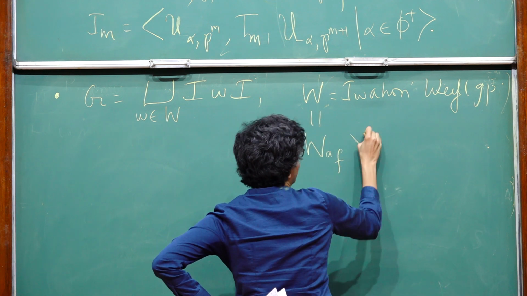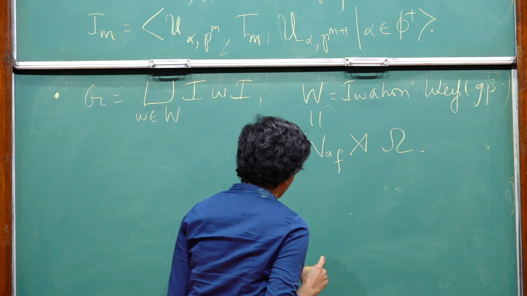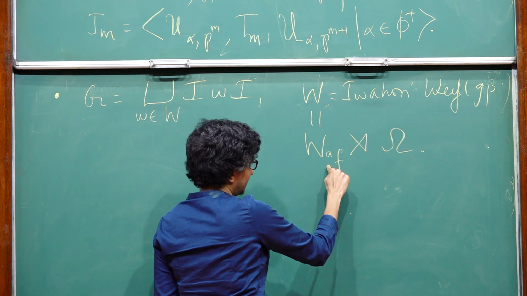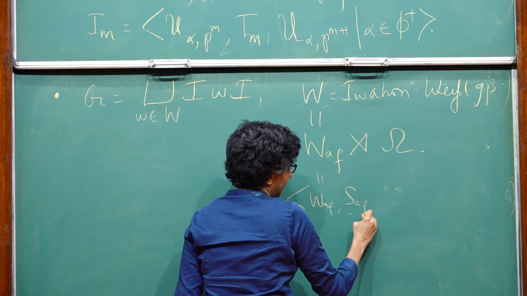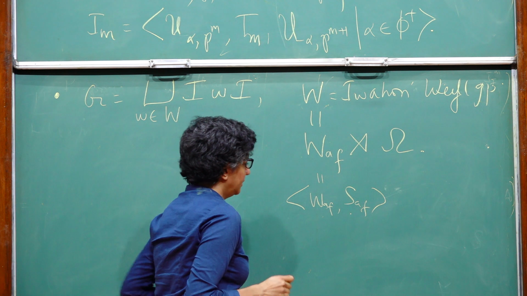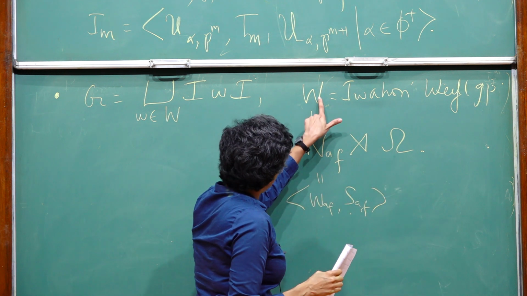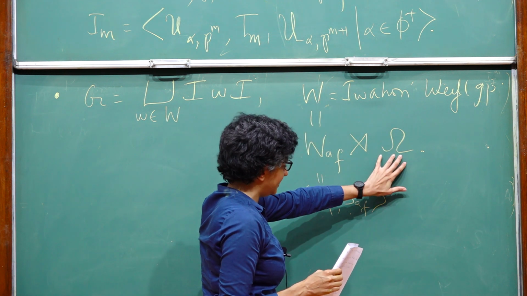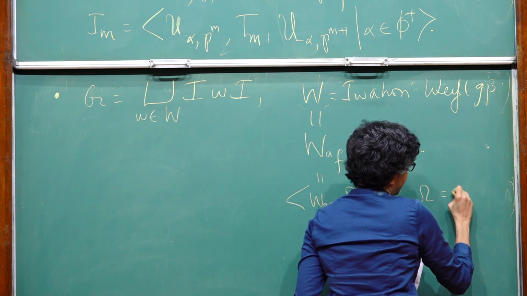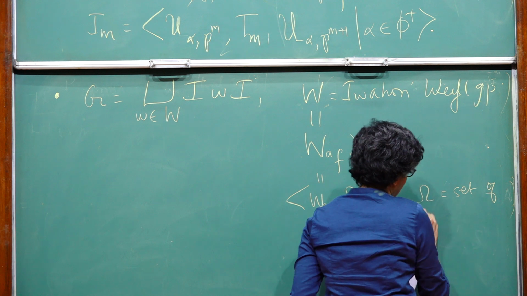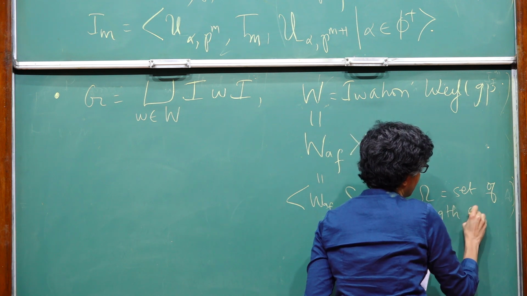So this decomposes as W_aff semidirect product with Ω. This is a Coxeter group, so this is actually (W_aff, S_aff), and Ω is the set of length 0 elements in W, so these are the elements that stabilize an alcove.